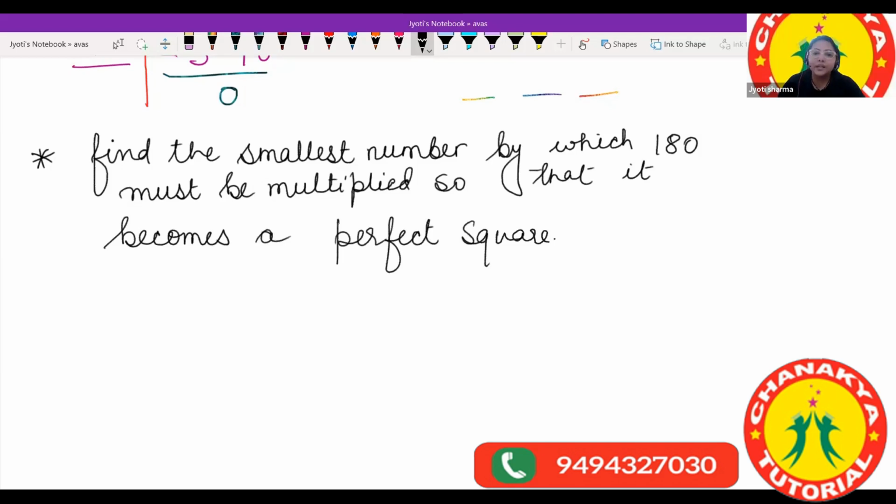Also, find the square root of the perfect square so obtained.